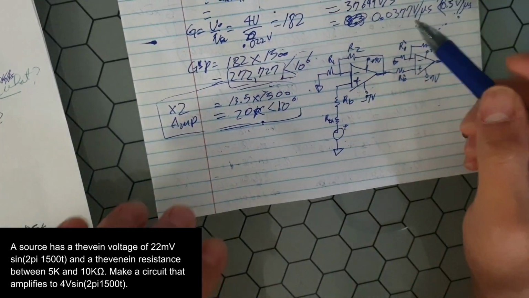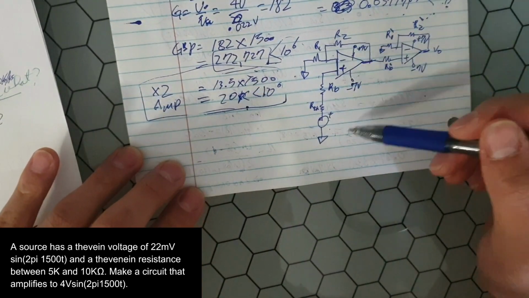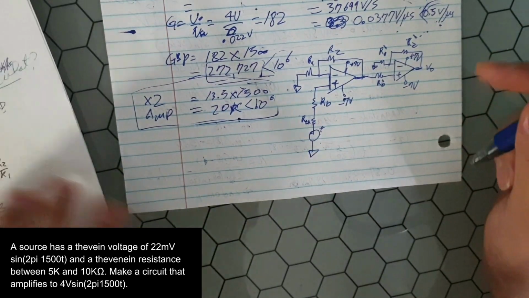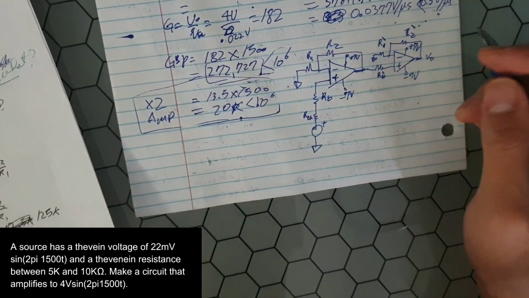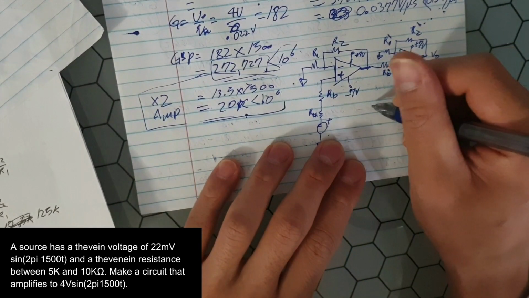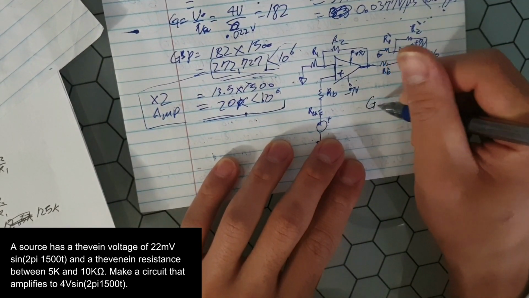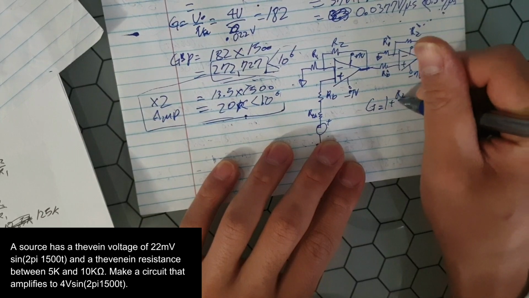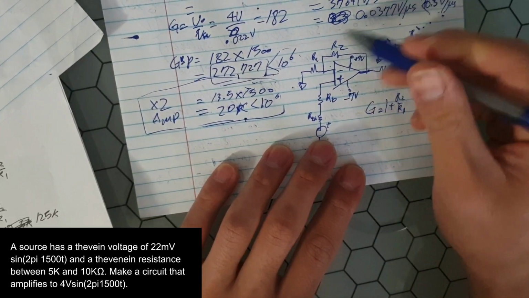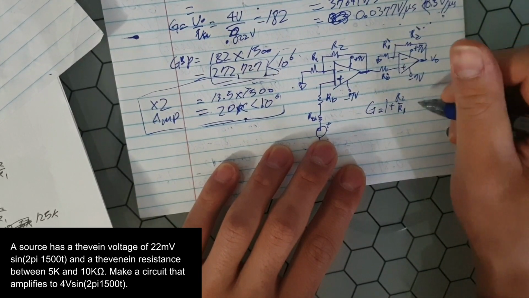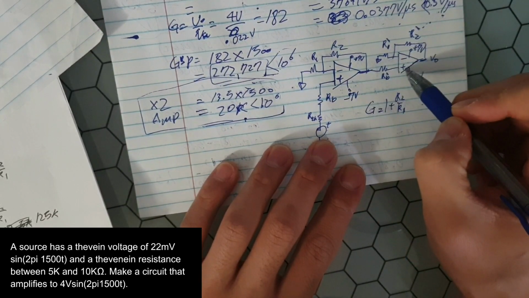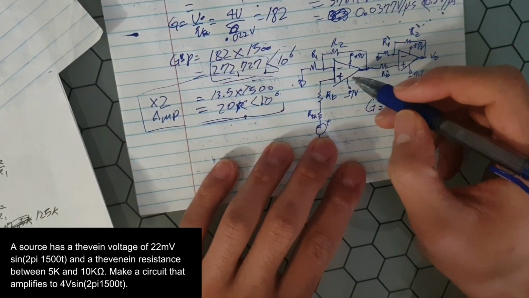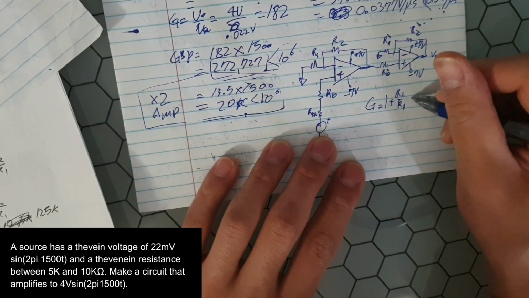So how do you figure out the value of each resistance? We have this handy dandy formula: gain is equal to 1 plus R2 over R1. We're going to make both stages have the same gain of square root of 182, or 13.5, on each.